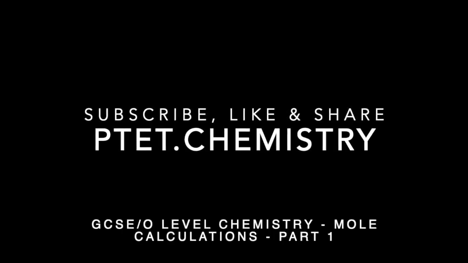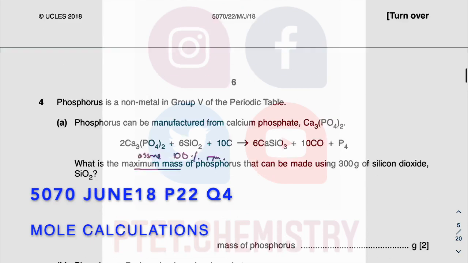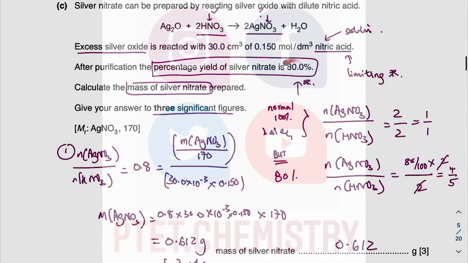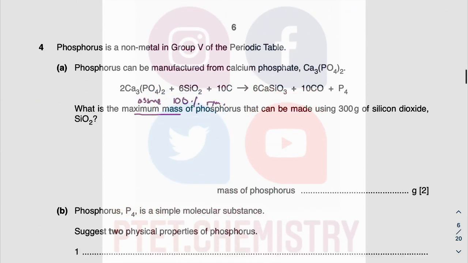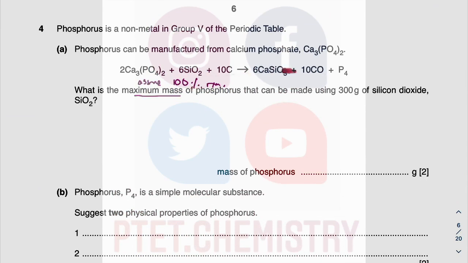So next up is more calculation. They want the maximum mass, so this assumes 100% reaction. If you do not get 100% reaction, then you will not get the maximum mass. That's why you get 0.8, because the percentage yield is not 100%. When we assume percentage yield to be 100%, whatever the reaction gives us is the maximum mass.